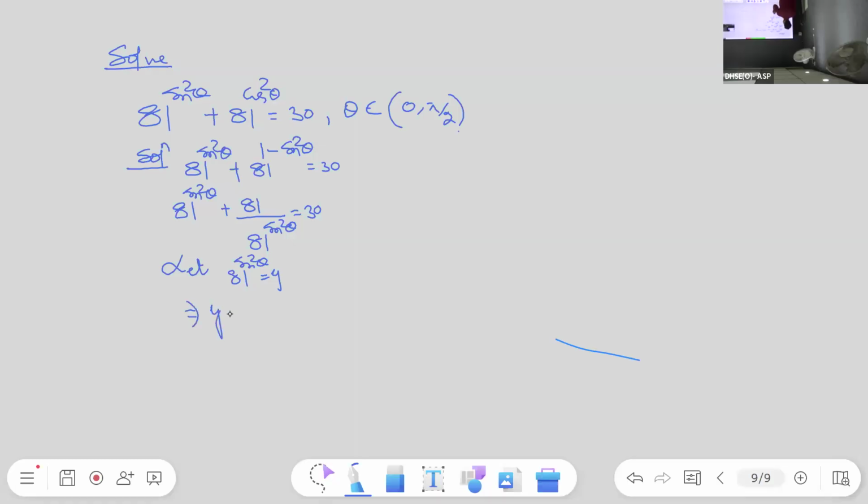So we can take y plus 81 upon y is equal to 30.